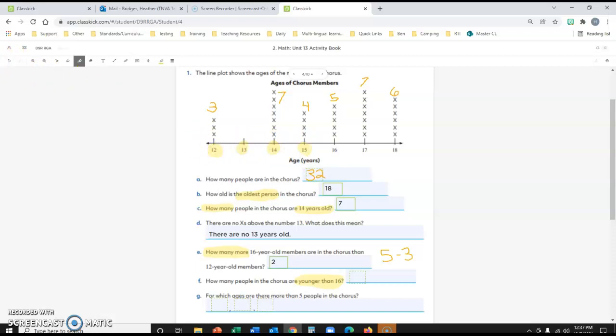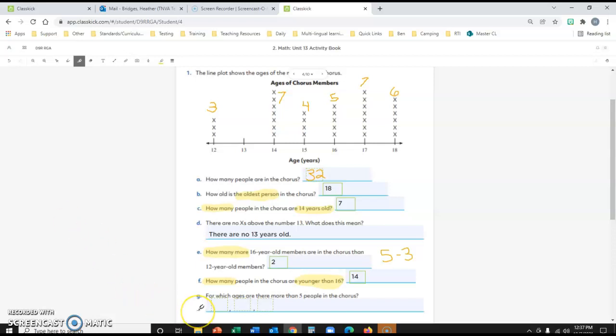I'm going to take those and add them up. 3 plus 7 is 10, plus 4 is 14. There's no 13-year-olds. So 3 plus 7 plus 4. So there are 14 people younger than 16. Remember this how many tells us that they want you to add or subtract.